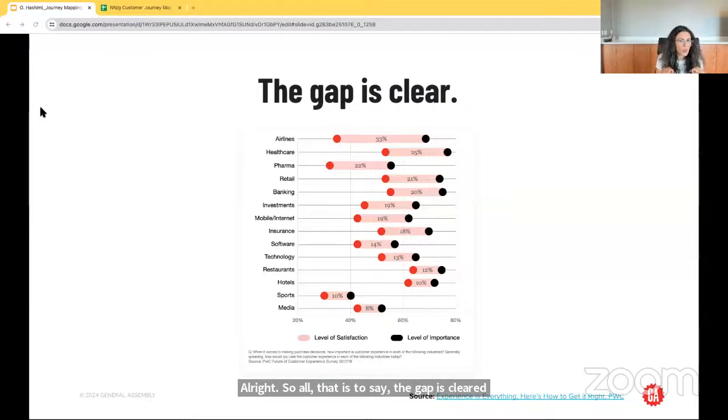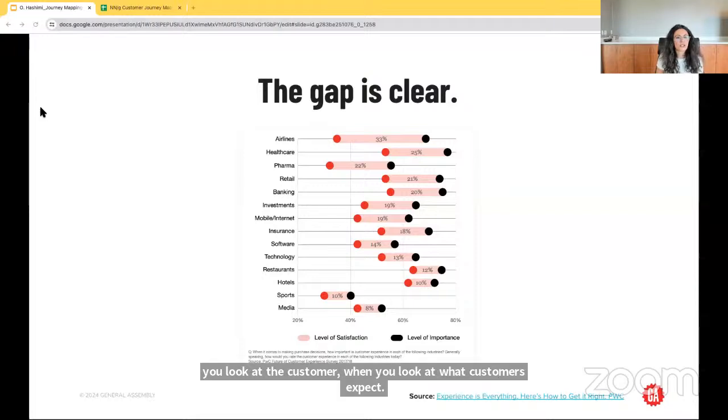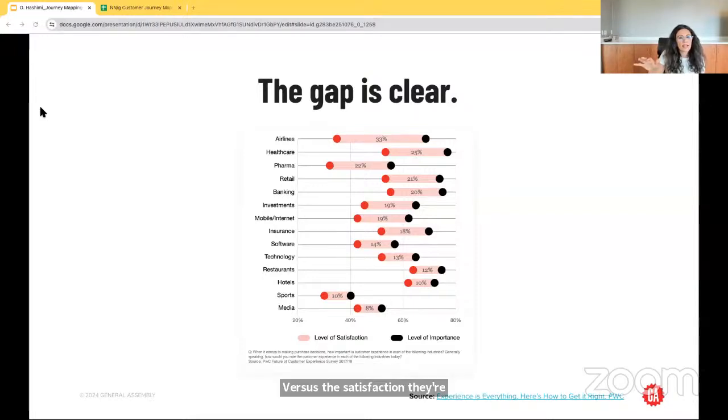All right, so all that is to say the gap is clear. So when you look at what customers expect versus the satisfaction they're actually getting, this here is not a pretty picture. But by closing that gap, we are able to find that sweet spot where technology complements the human element of customer experience without, say, creating new frustrations.